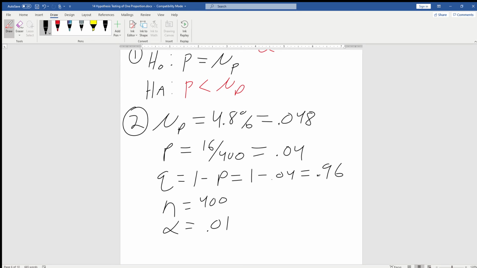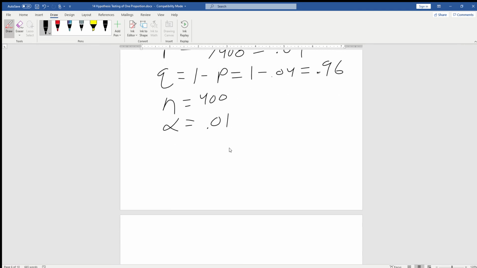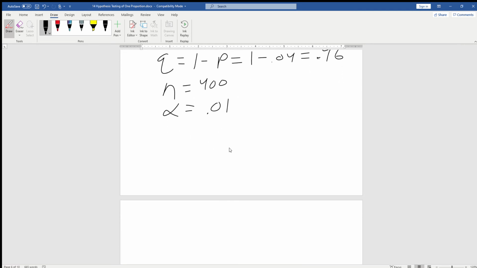All right. So make sure that you're okay collecting the variables. Make sure you're okay defining the null and the alternative hypotheses. The next thing we're going to do is go ahead and draw the graph. Okay, so here's our distribution.